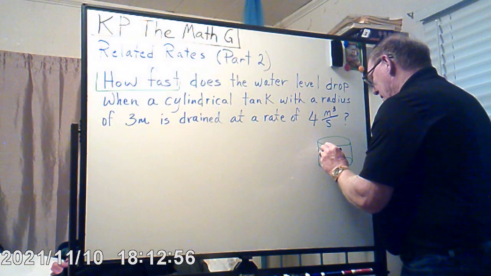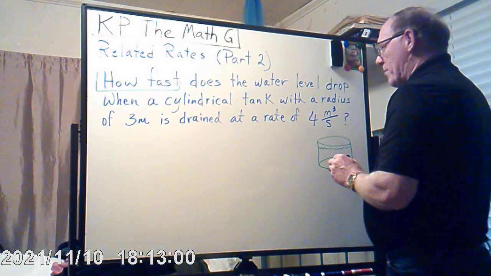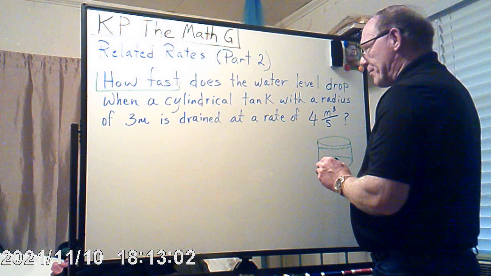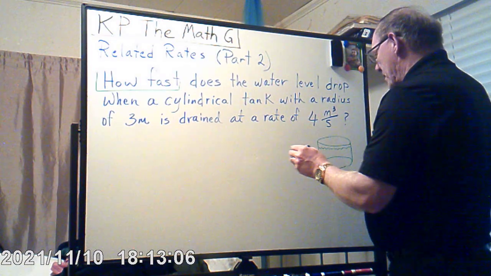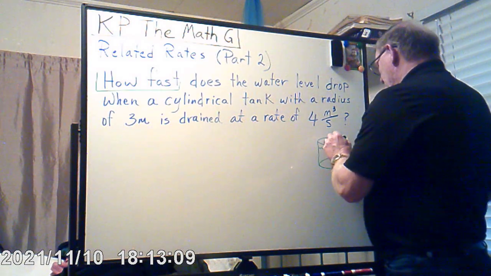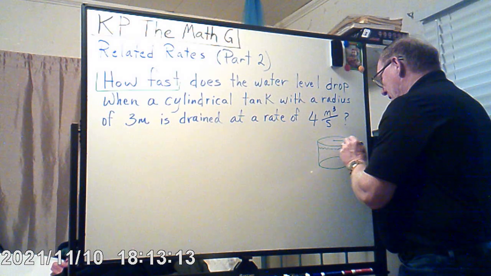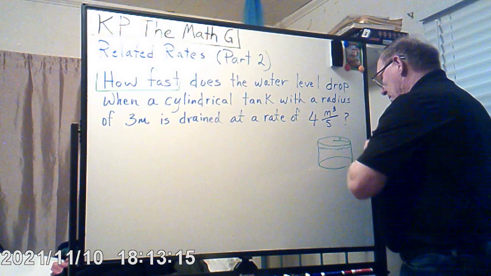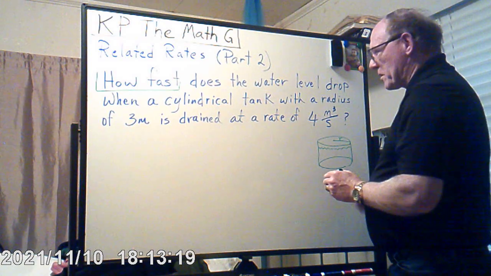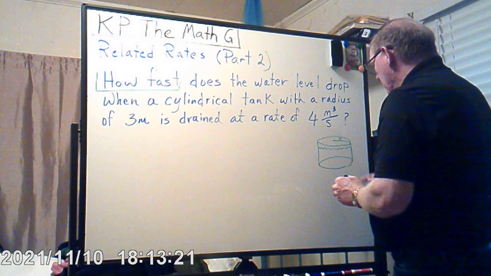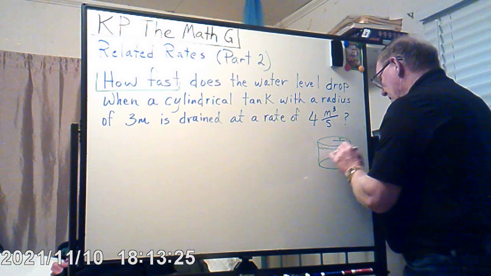Okay, so there is a water level that is dropping, and we have two things basically when we're looking at the cylinder, a right circular cylinder. That's the radius and the height.